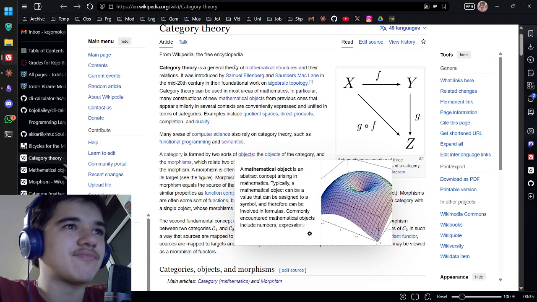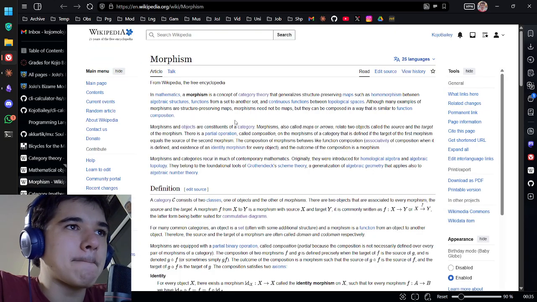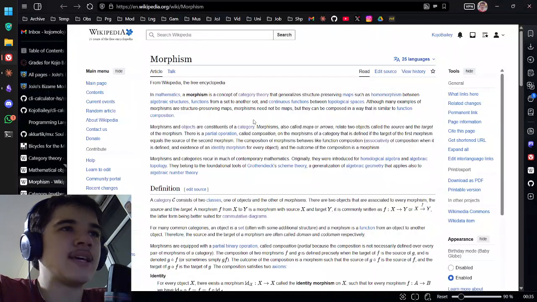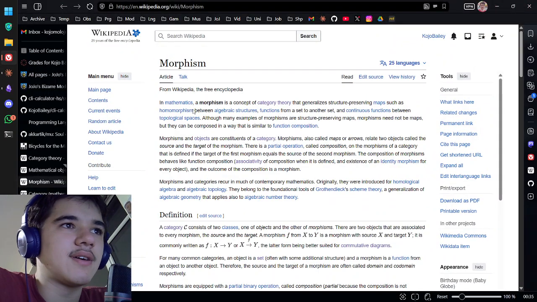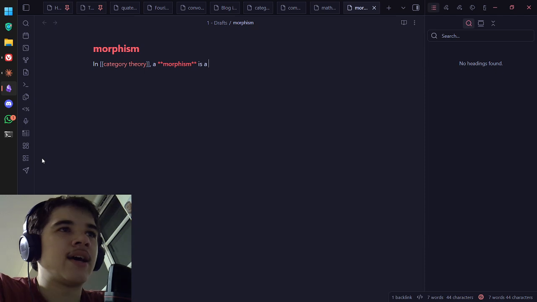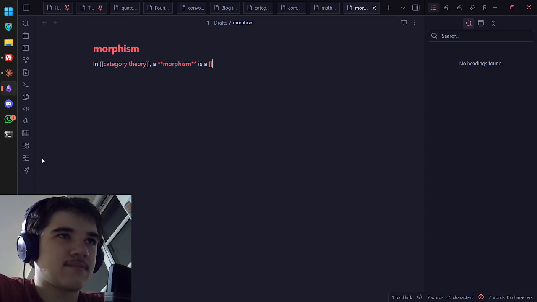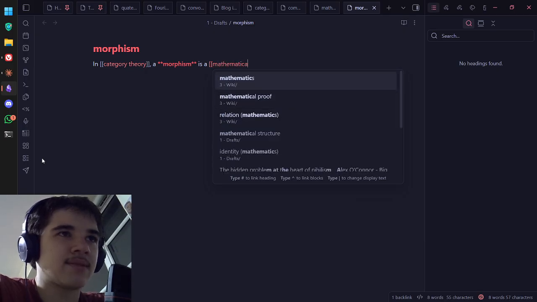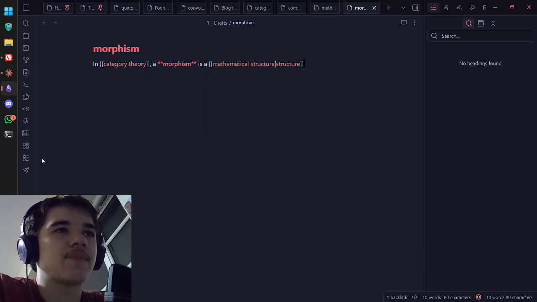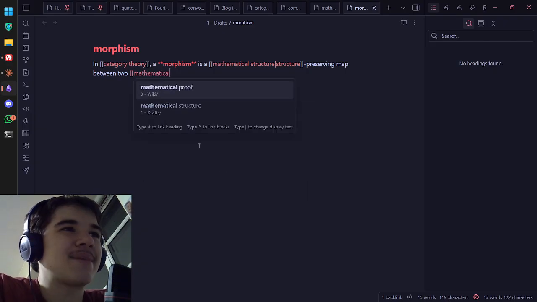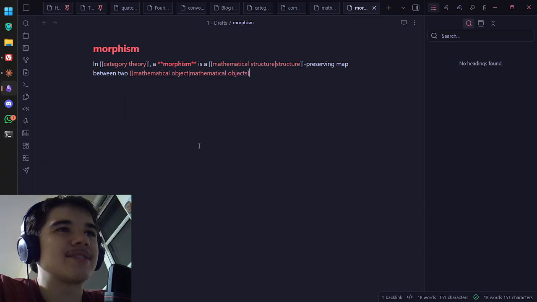So in category theory, a morphism is a structure-preserving map between two mathematical objects.